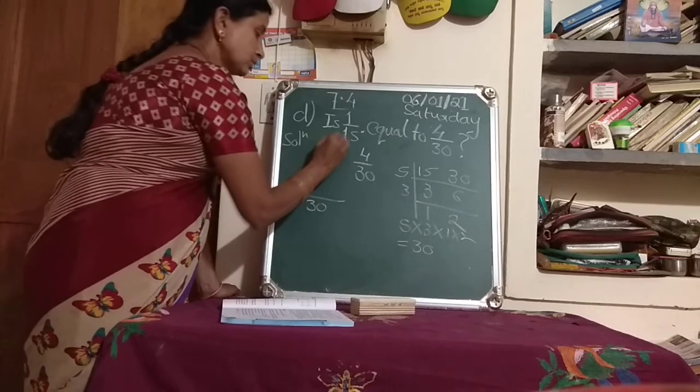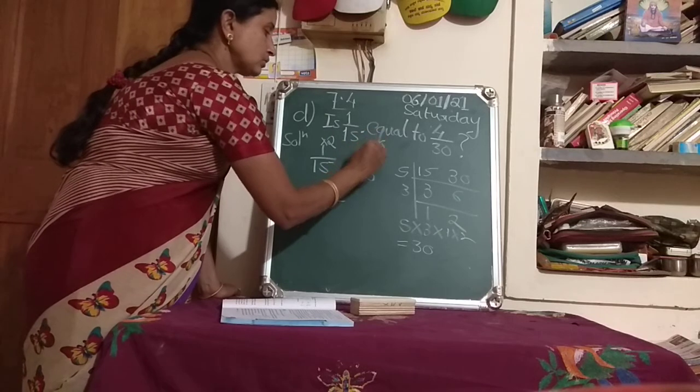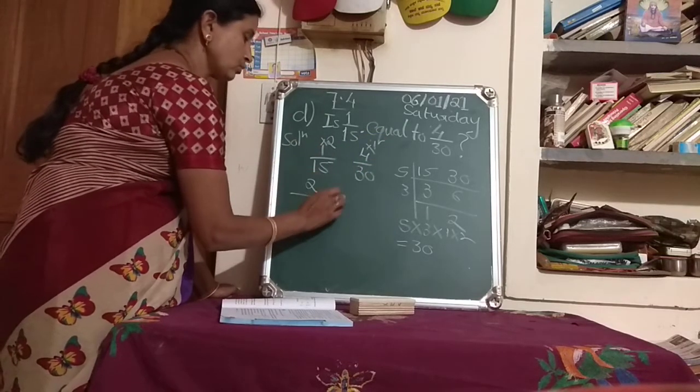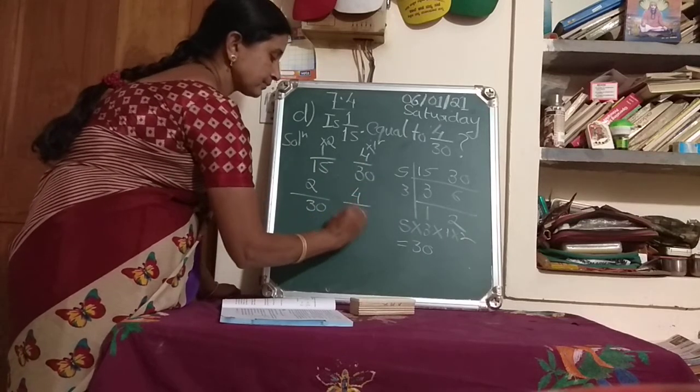So 15 into 2 is 30, and 30 into 1 is 30. 2 ones are 2, and 4 ones are 4 upon 30.